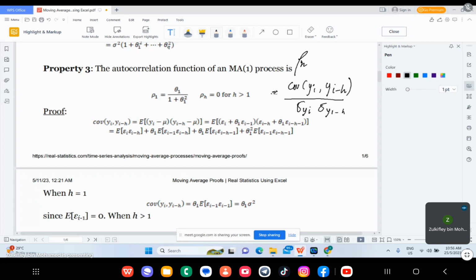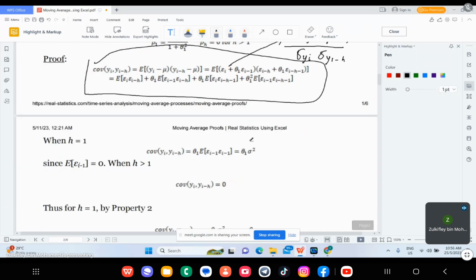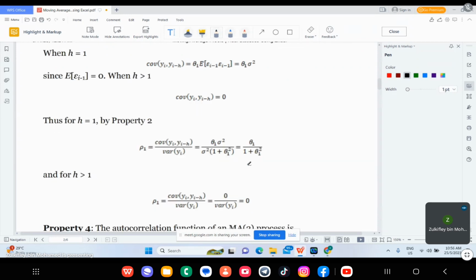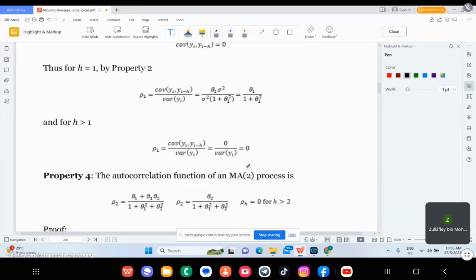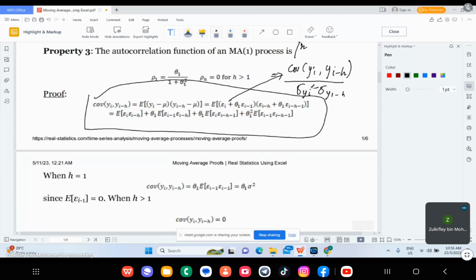This is rho h. So the first part, we find the covariance. Covariance is the first part. The second part, we find the variance, and then the standard deviation.